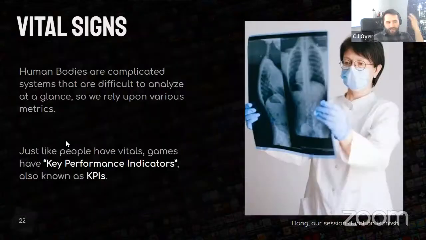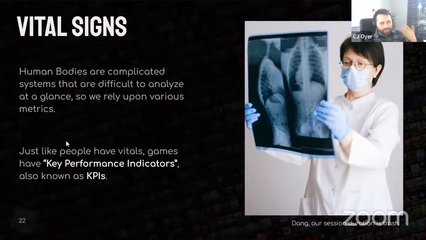So, because things are so complicated, it's easiest to narrow stuff down to a few vital signs. Similar to how human bodies are systems with infinite complexities, narrowing it down to a few indicators, such as in this case key performance indicators, can be super useful. Your heart rate could be considered a metric for how healthy you are, or blood pressure.